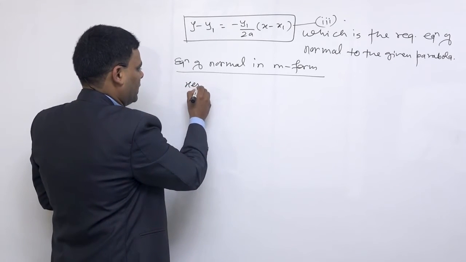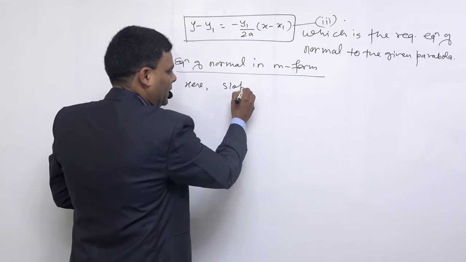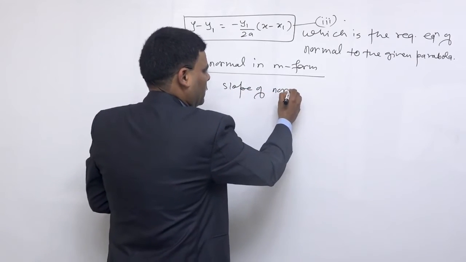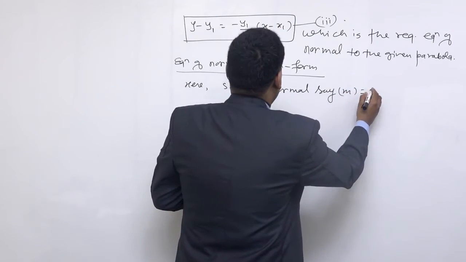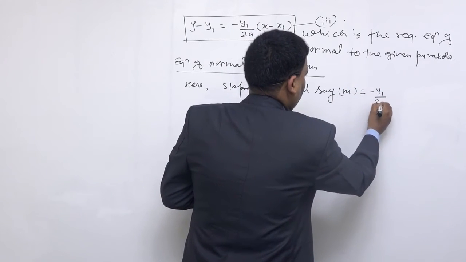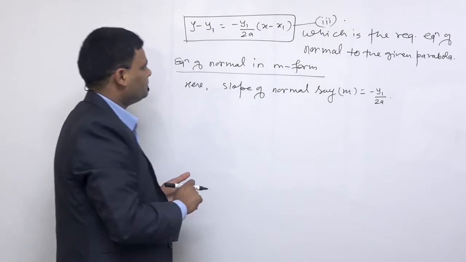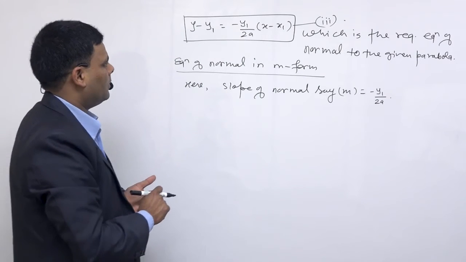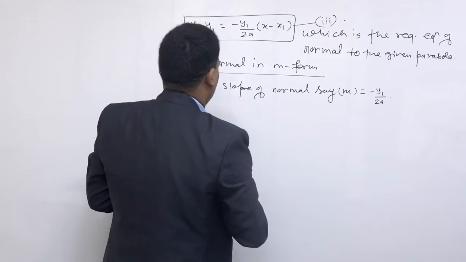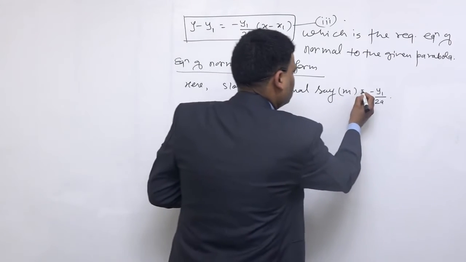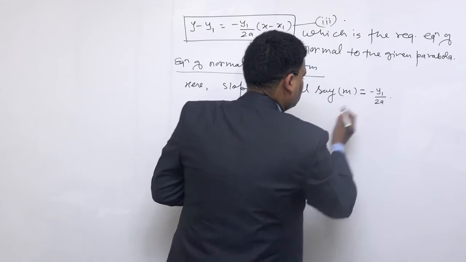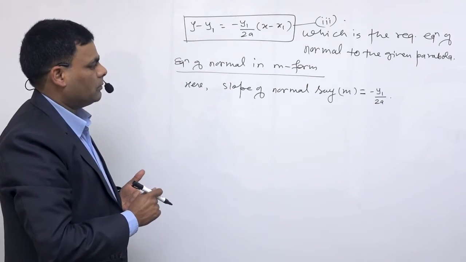Here slope of normal, say m equals to minus y1 by 2a.